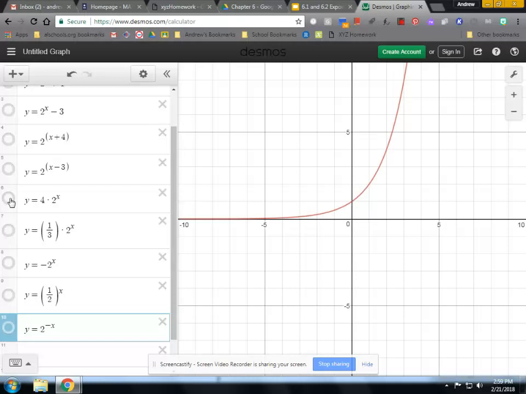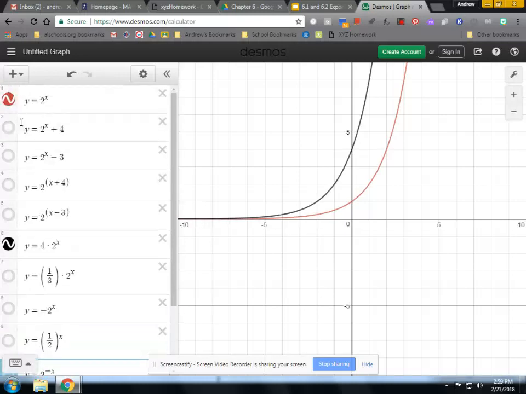So here's my original function. If I multiply it times 4, because 4 is bigger than 1, it should compress it vertically. And let's see what that looks like. It looks like this. It almost looks like it's been shifted up, but you'll notice that we still have this horizontal asymptote at 0.